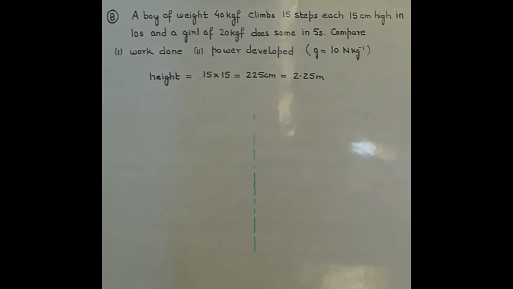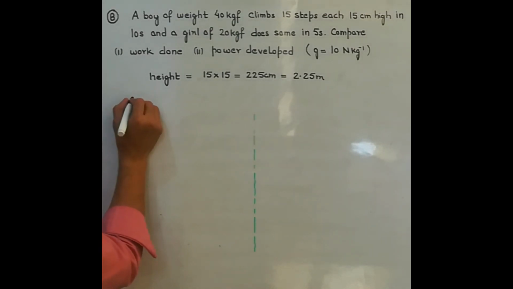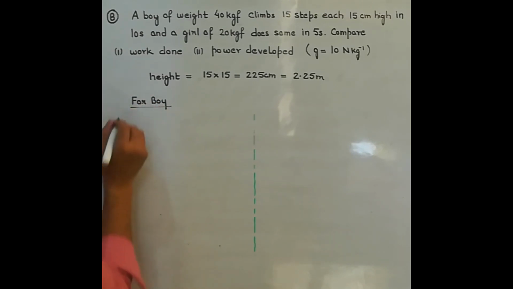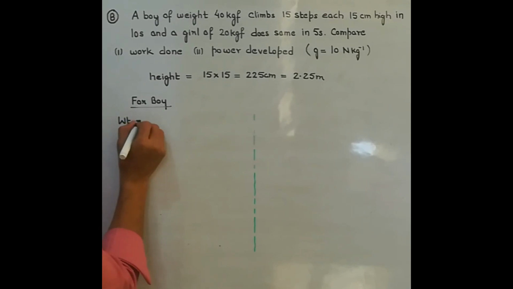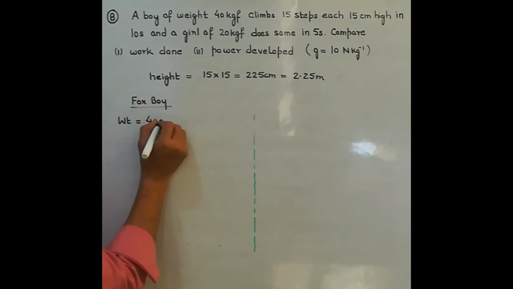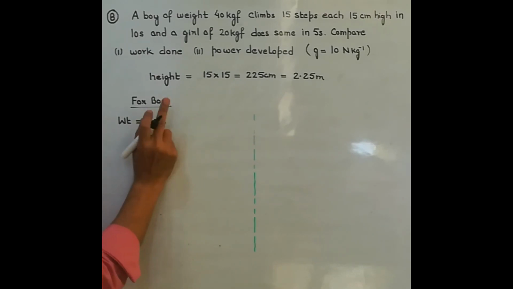Now let us do the working for the boy and then for the girl. For boy. Now, the weight of the boy is given, but you can see the weight given is in gravitational unit, 40 kgf.